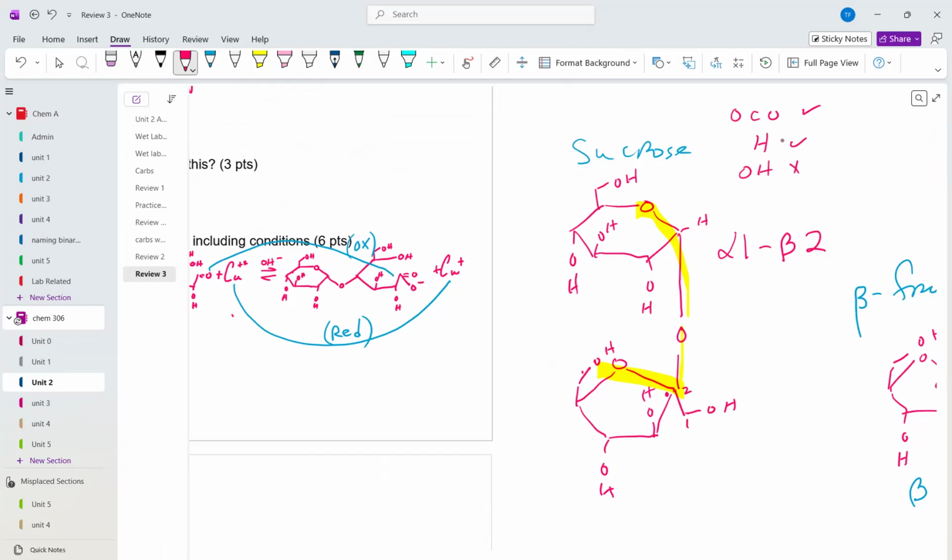We have no OHs though. So that means that is an acetal, because the H is present. Okay, let's look at this one down here. And we have an H present, and no OH. So this is a ketal down here. So the reason why it's not a reducing sugar, it doesn't have a hemiacetal present.